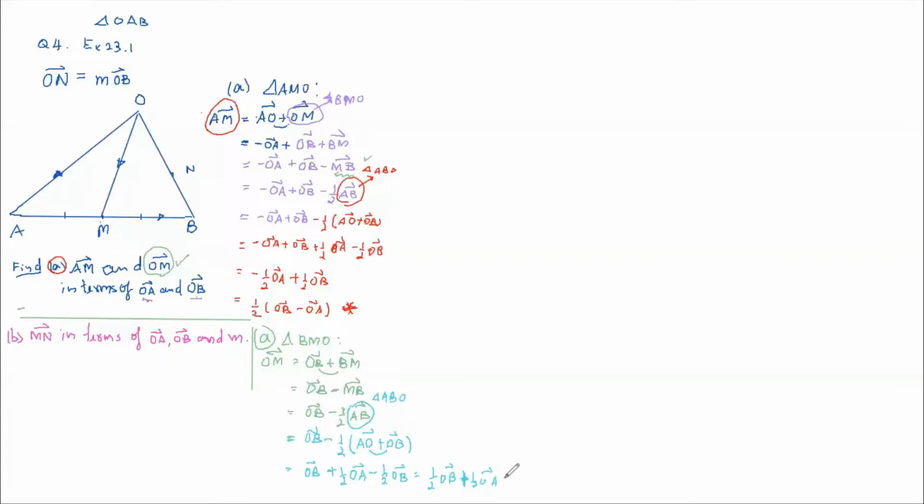So if you get the common factor 1 over 2, you will have OB plus OA. So this is the final answer for question A, which is vector OM equal to half of vector OB plus OA.